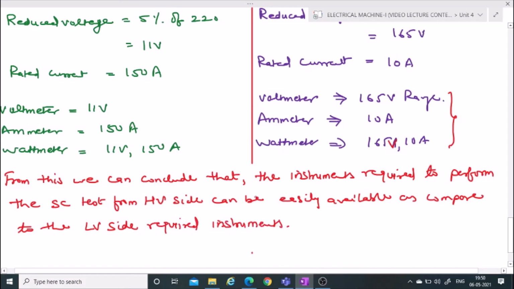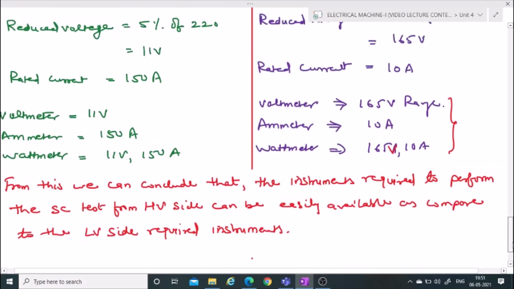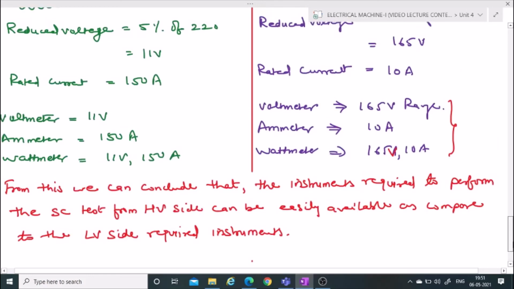Okay, so from here it can be concluded that the instruments required will be easily available from the high voltage side.